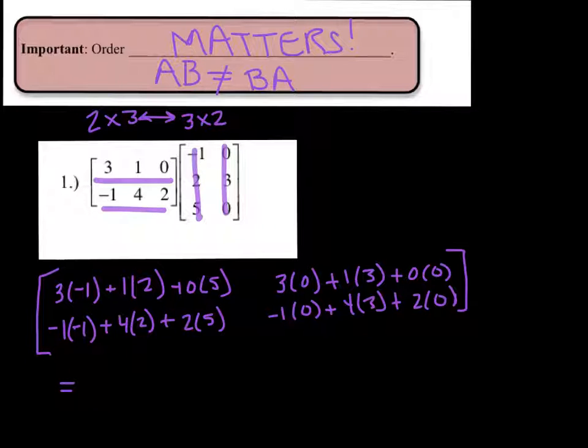So -3 plus 2 is -1 plus 0 is -1. That's our first entry. All right, second spot, 3 times 0 is 0, plus 1 times 3 is 3, plus 0 is going to be 3. -1 times -1 is 1, plus 8 is 9, plus 10 is 19.